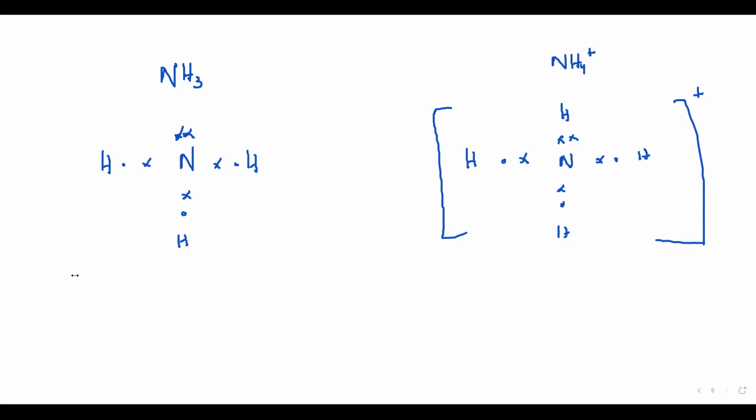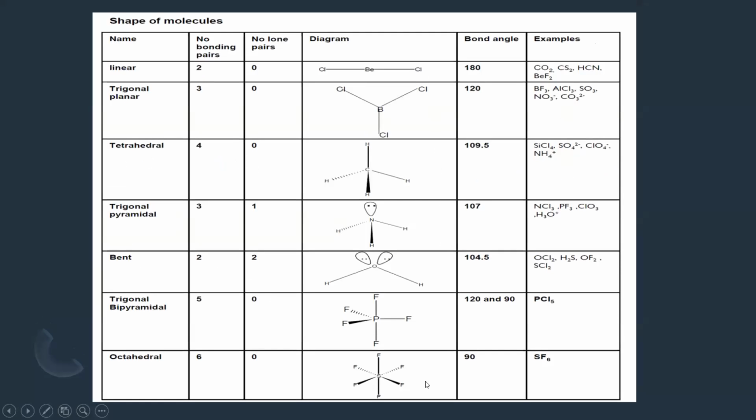When we check the bond pairs, there are 3 bond pairs, and when we check the lone pairs, there is only 1 lone pair. So 3 bond pair and 1 lone pair. What will be the geometry for 3 bond pair and 1 lone pair? It will be trigonal pyramidal.